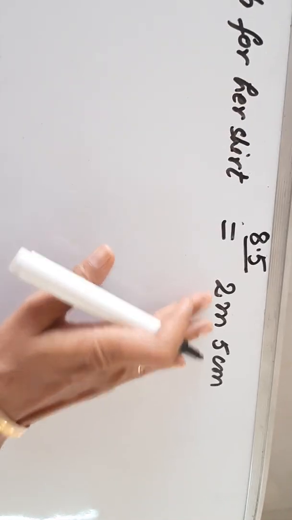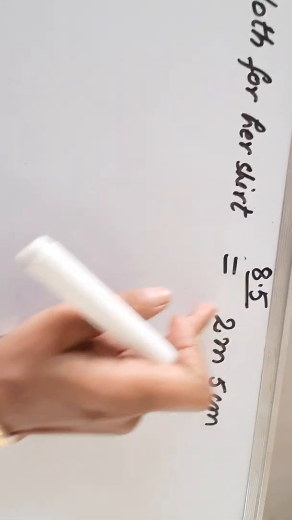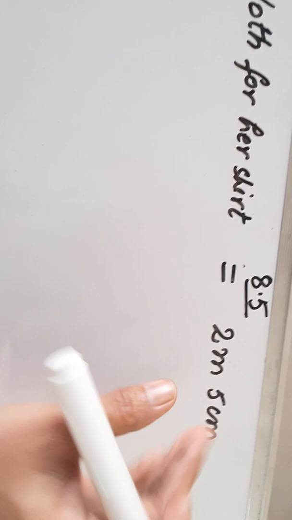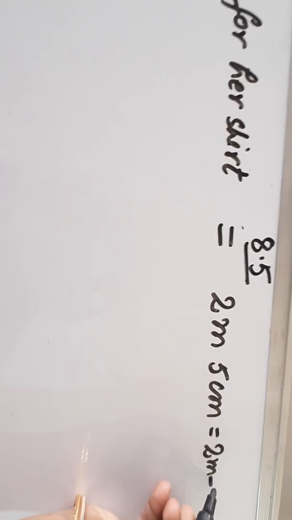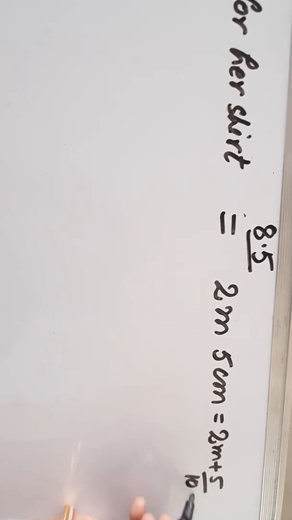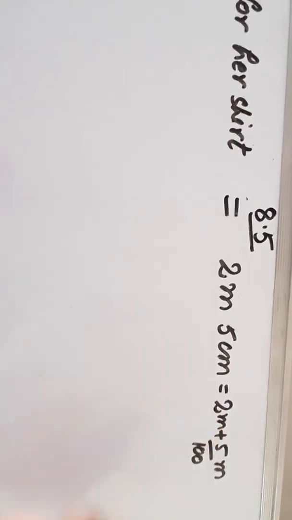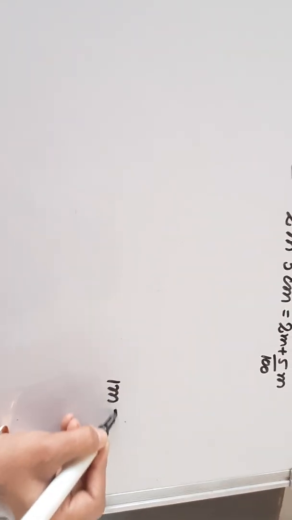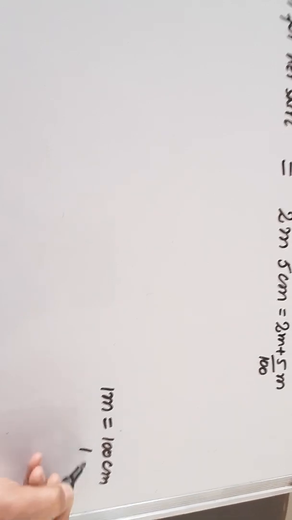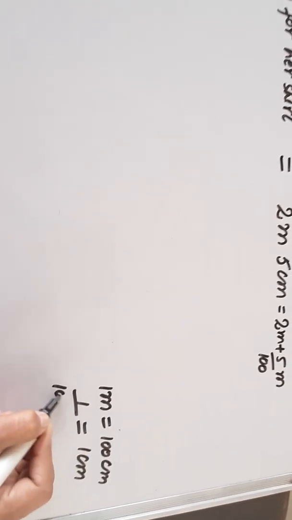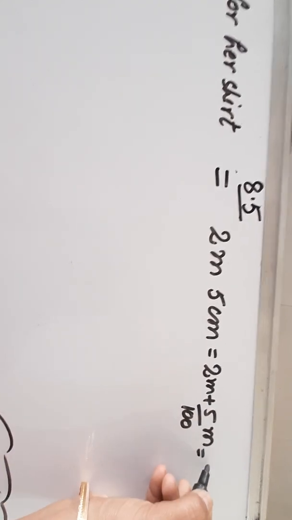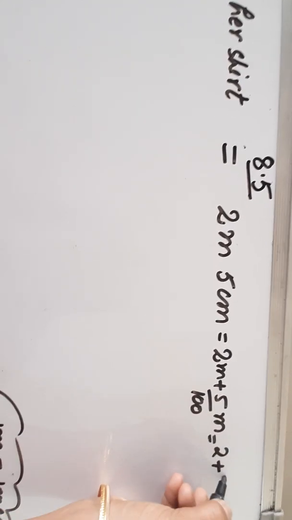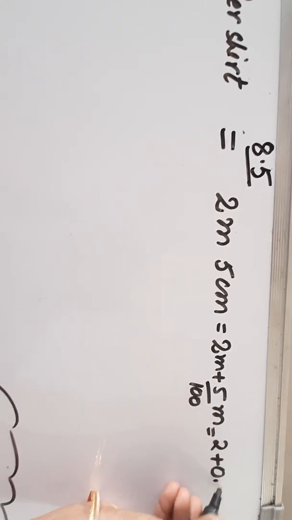And first of all dear students, let us convert into decimals, means let us convert into meters. तो क्या किया जाएगा? 2 meter plus 5/100 meters, because 1 meter is equal to 100 centimeter, so 1 centimeter is equal to 1/100 meter. So this is the relation. तो to convert centimeters into meters we will divide. तो हमारे पास क्या आ जाएगा, 2 meter plus 0.05.